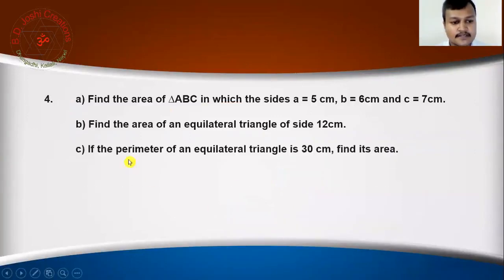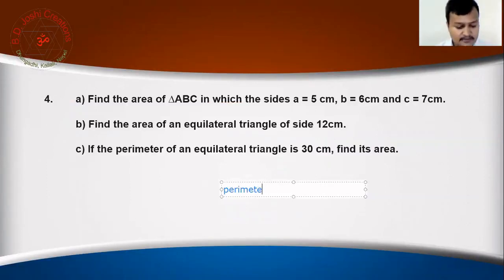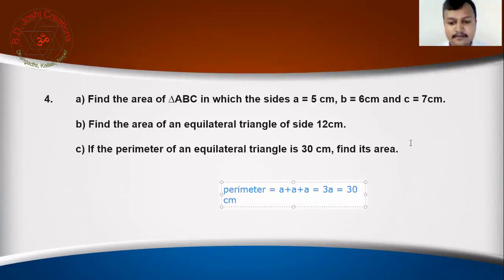Similarly, question number C. If the perimeter of an equilateral triangle is 30 centimeter, find its area. Here the perimeter is given, and you know that perimeter is the sum of all sides. For an equilateral triangle, all sides are A, A, and A, so the perimeter is 3A. 3A is given as 30 centimeter.